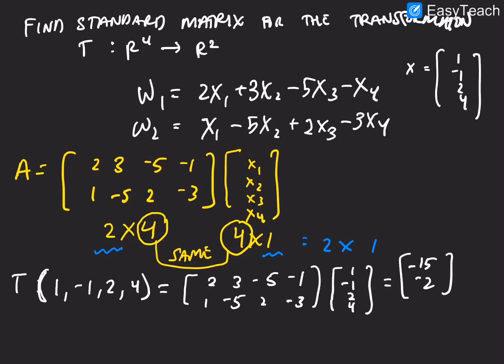So what you need to do is multiply and then add, right? So you take this row, multiply with that column, and then add them. So you get that for your answer.